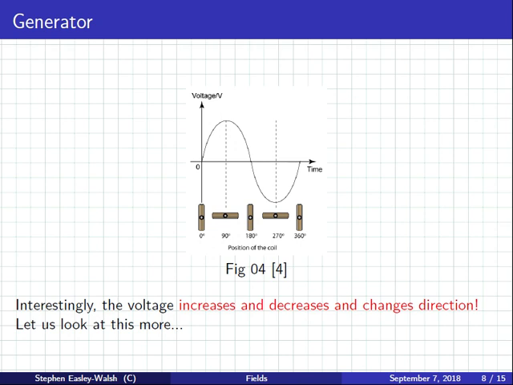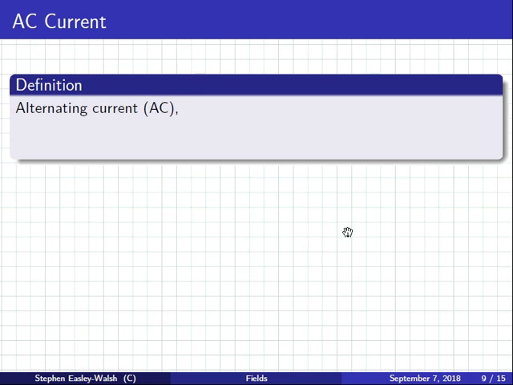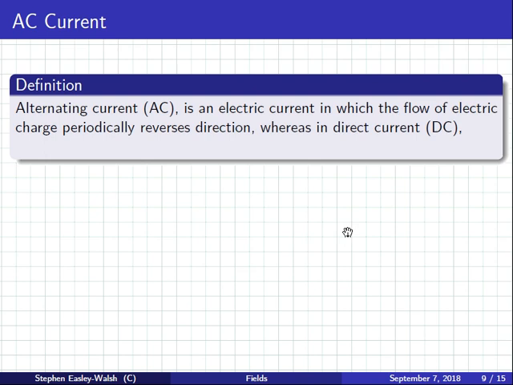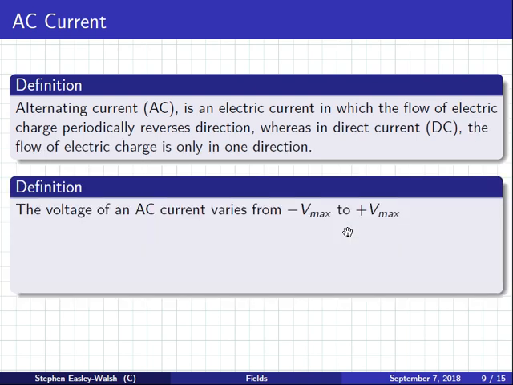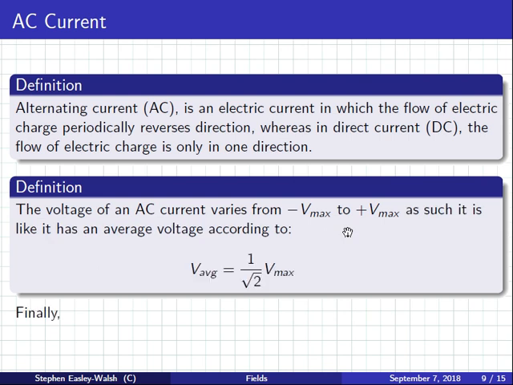So, I think we have a formula now. Alternating current is when the flow changes, whereas a DC current is when the flow is in one direction. The AC current goes from minus to a plus, and it has an average voltage.